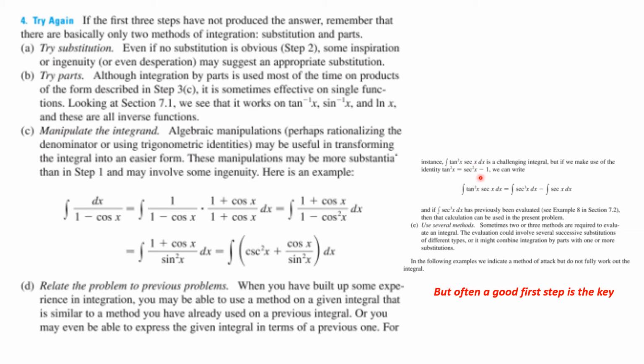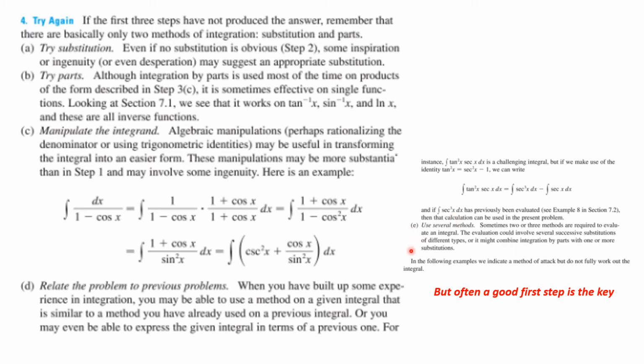But if you just use the trig identity of tangent squared x equals secant squared minus 1, this becomes two simple integrals, if you do remember the integral of secant, of course. And if you run across the integral of secant cubed x dx, we've done that about 5 times in this course. And so you say, oh, I know how to do that. In fact, you might be able to write the answer directly from your previous work.